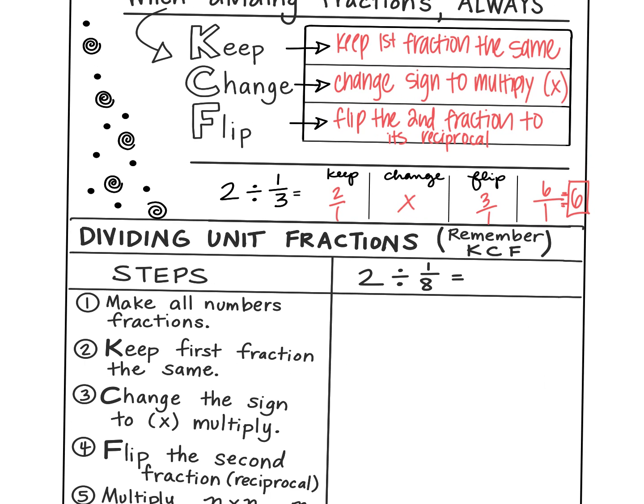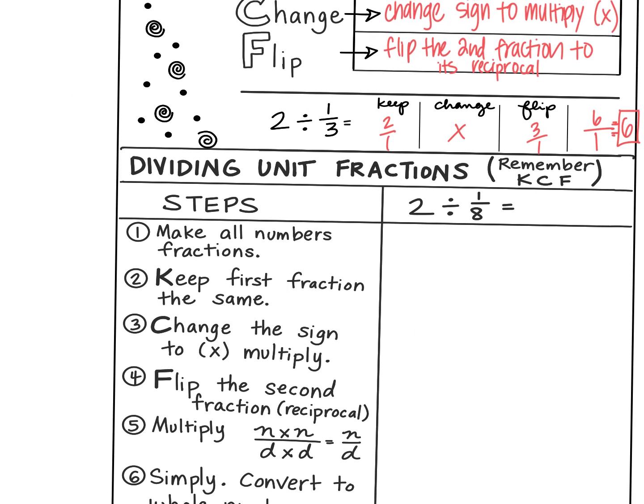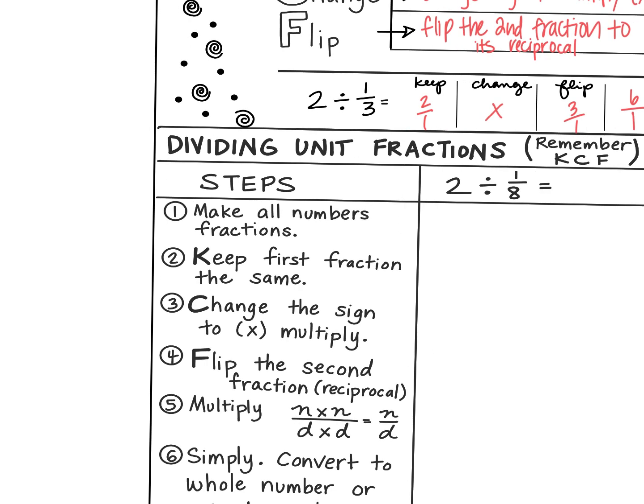All right, here are my steps written out for me. Make all numbers into fractions first. So we're going to do this step by step again, so you see one more. 2 becomes 2 over 1. So my problem now looks like this. I'm going to keep the first fraction the same.